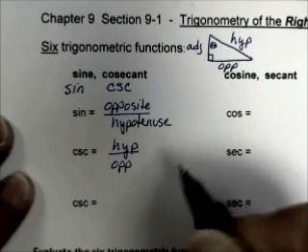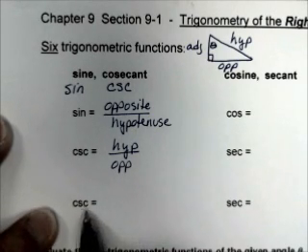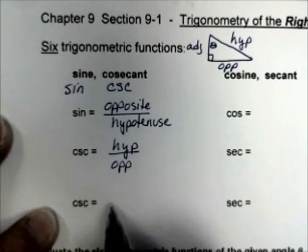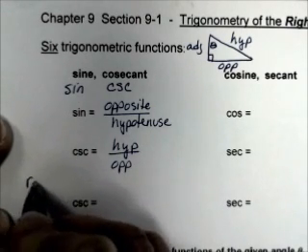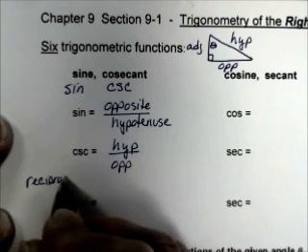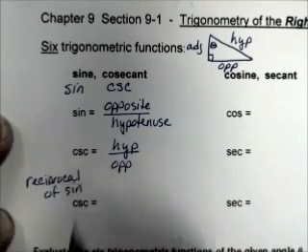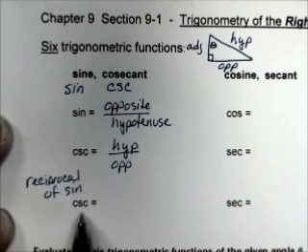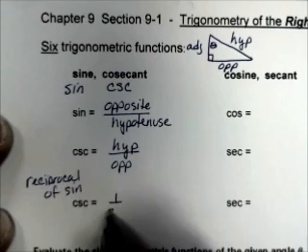So it's the ratio of the length of the hypotenuse of the right triangle over the side opposite our angle. So cosecant is the reciprocal of sine, and can also be expressed as 1 over sine.